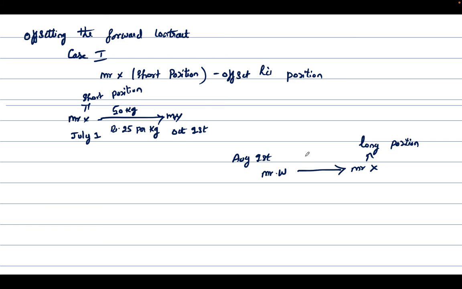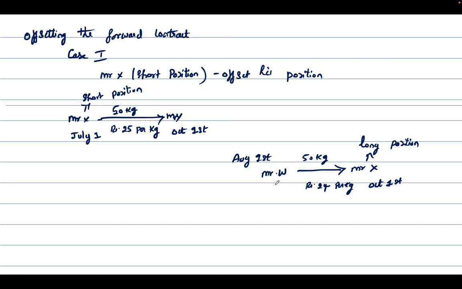The same 50 kg of sugar for rupees 24 per kg, and this is for October 1st. So both contracts expire on October 1st. By doing this, he has offset the contract.